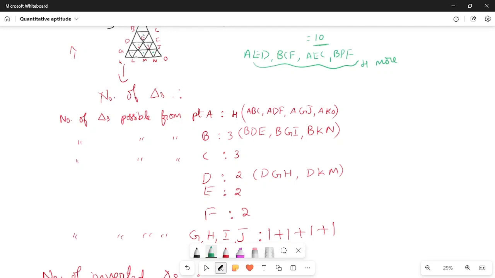So from L, M and N, I'm considering 4, and then 3 more, that is DHE, the inverted one, and EIF, and DFM.